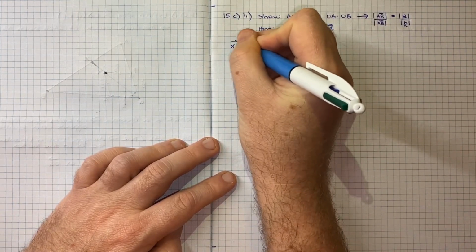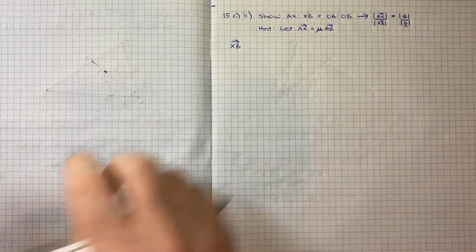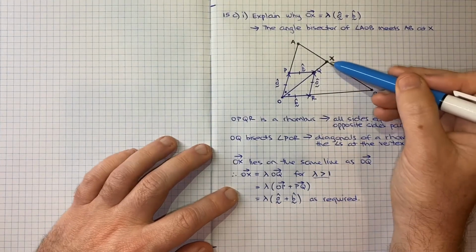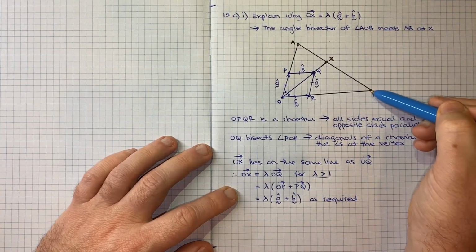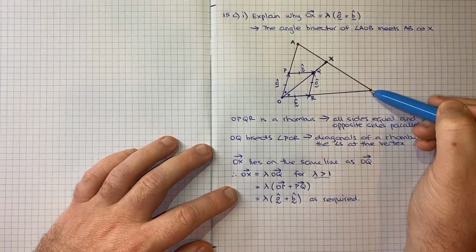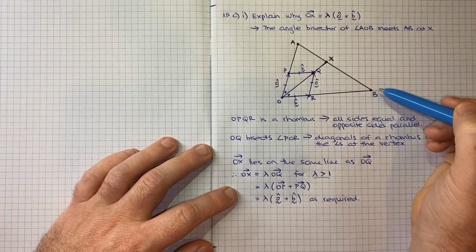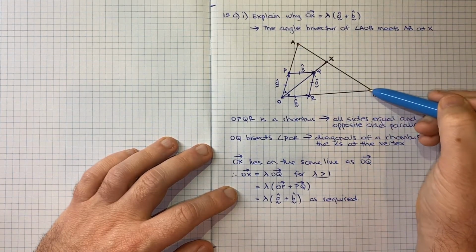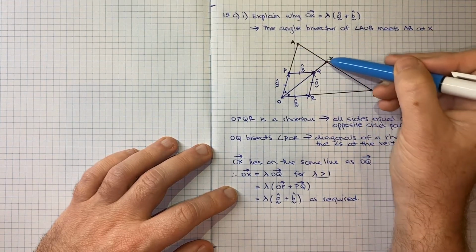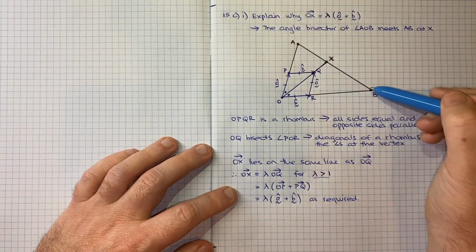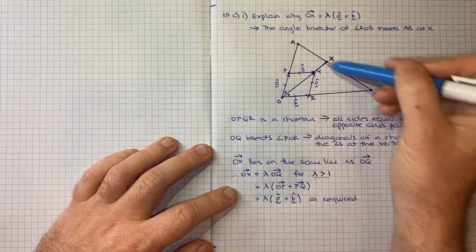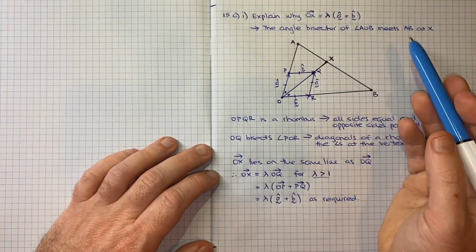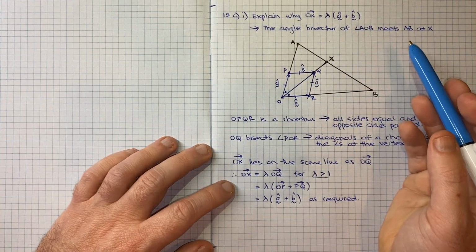XB vector, which if we go and take a look at our diagram, if I want to get from X to B, that vector, I could really just state that as going from A to B and subtracting from that A to X. That's because they're lying on the same line. That's just an alternative way to think about the XB vector.